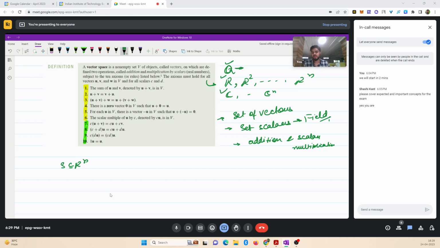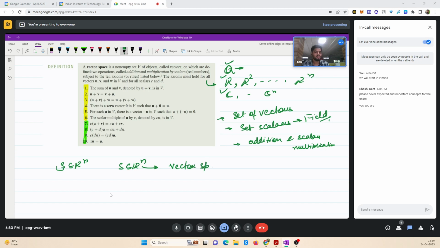Understood your point. These are the properties they explain to understand what a vector space really is. I'll tell you what was happening there. What they were trying to say is, first of all, you assumed S is a subset of Rn, right? Now, one thing I can say is this Rn is already a vector space.